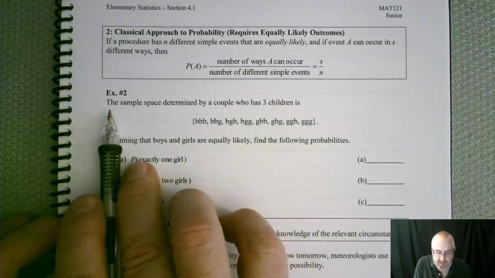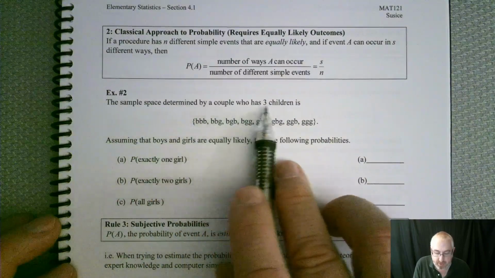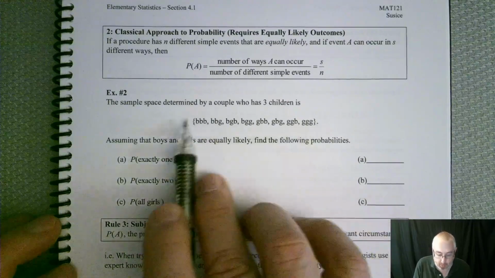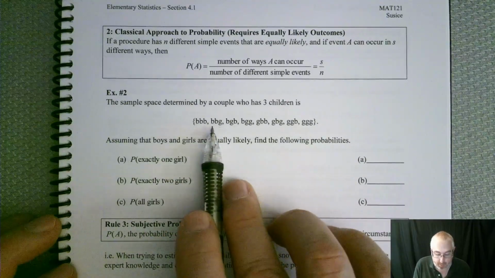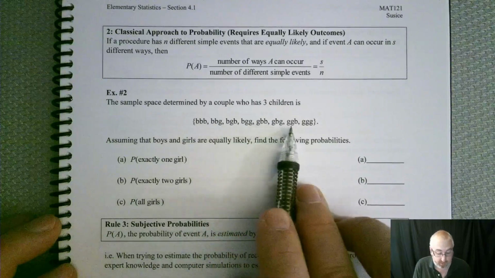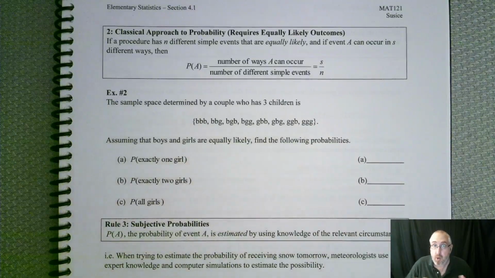For this example, the sample space determined by a couple who has 3 children is boy, boy, boy; boy, boy, girl; boy, girl, boy; boy, girl, girl; girl, boy, boy; girl, boy, girl; girl, girl, boy; and girl, girl, girl. And that's it. There's no other possibility. So that's the entire sample space. That's the population.